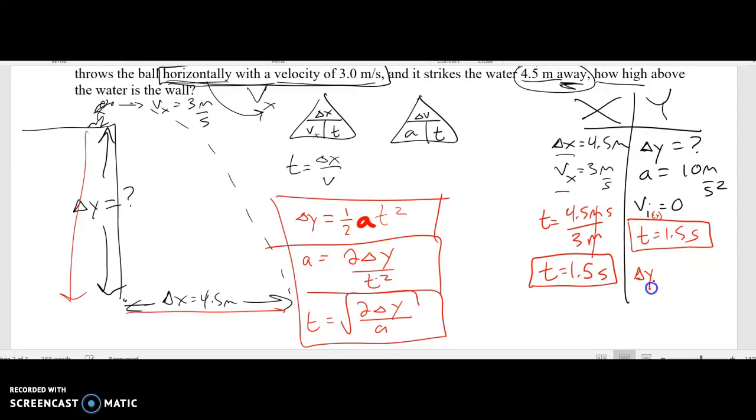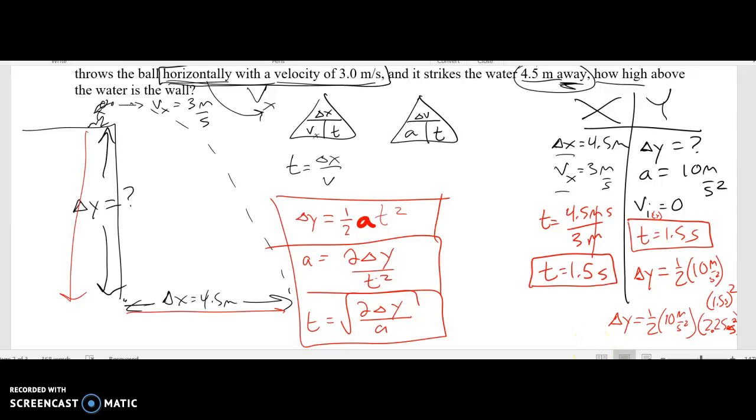So we'll go delta y equals 1/2 the acceleration of gravity, so it's 10 meters per second squared, times the time squared, times 1.5 seconds squared. Delta y equals 1/2 times 10 meters per second squared times, what's 1.5 times 1.5? 2.25 seconds squared.